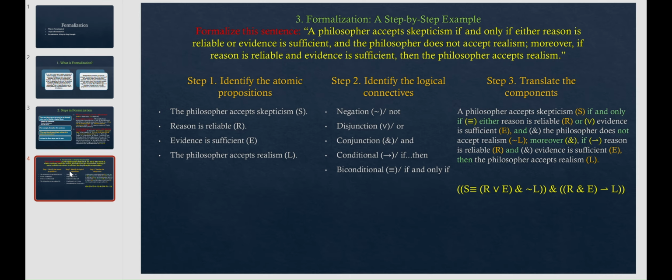Again, we have got 3 steps here. Step 1, identify the atomic propositions. And in this example, we have got 4 atomic propositions. In other words, we can say that we have got 4 simple statements here. The philosopher accepts skepticism. It's our S statement.